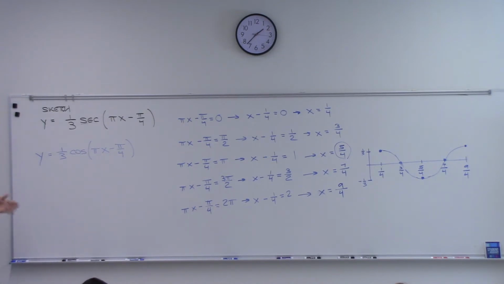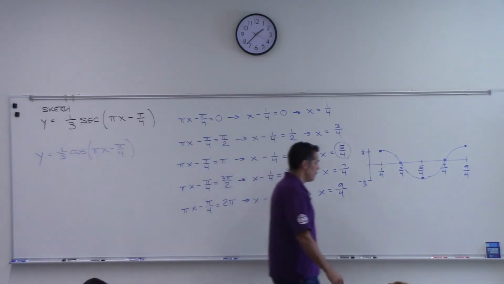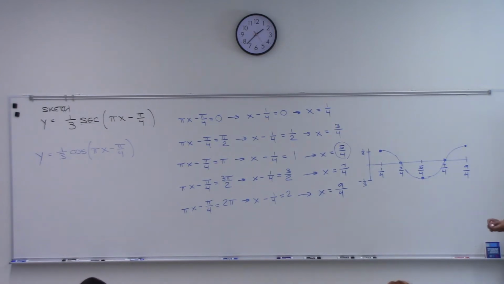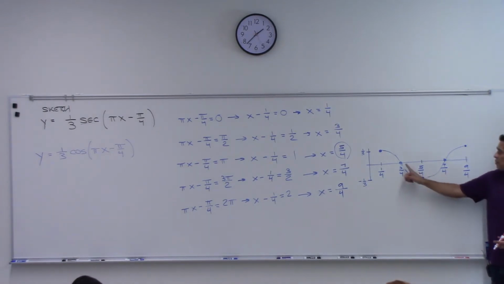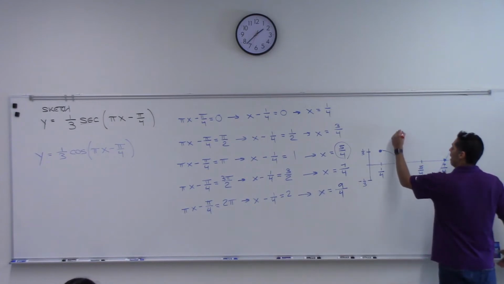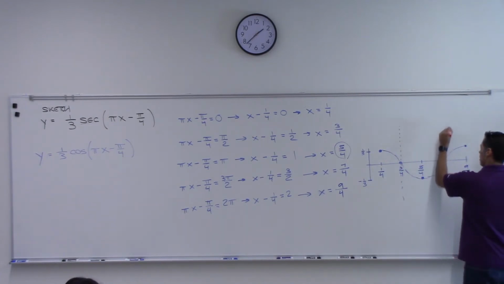Those verticals, right? Those vertical asymptotes. And where are those going to be? At 3/4 and 7/4, because that's where I have x-intercepts on the cosine function. That's where my cosine function is 0, right? And 1 over 0 would be undefined, so I'm going to have this and this.